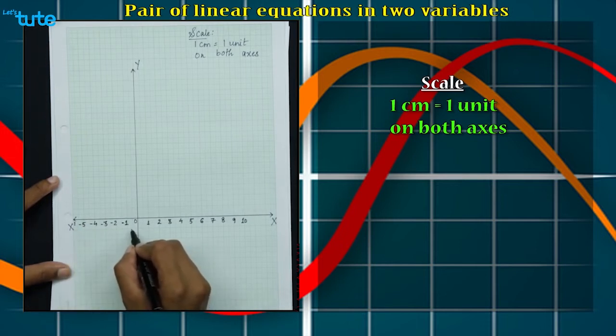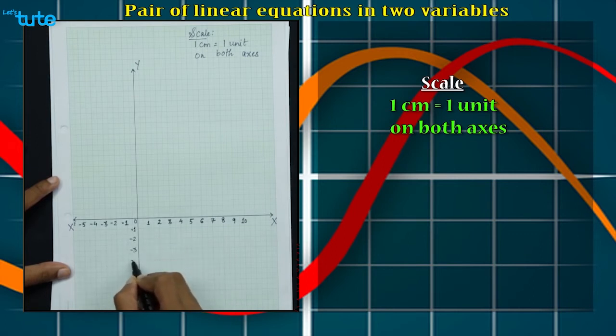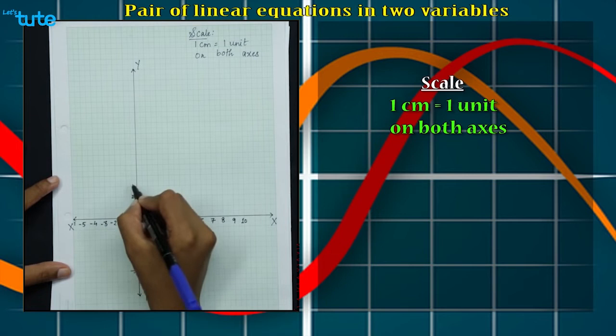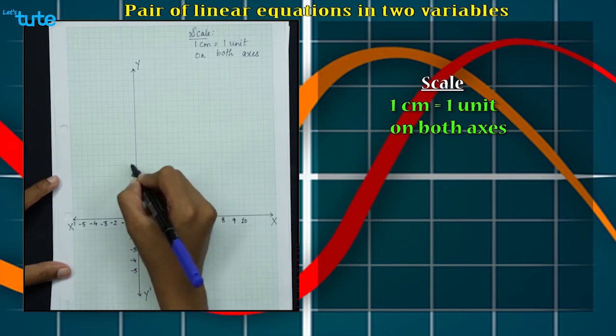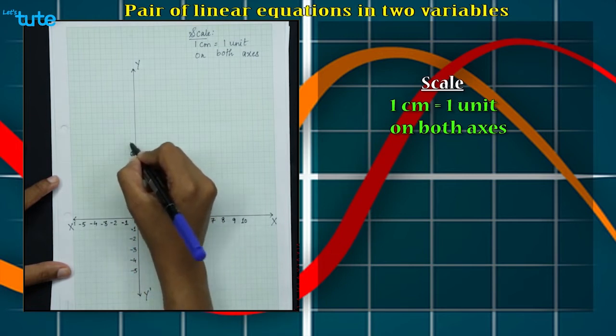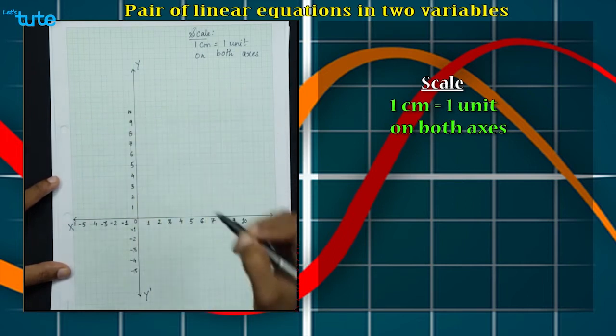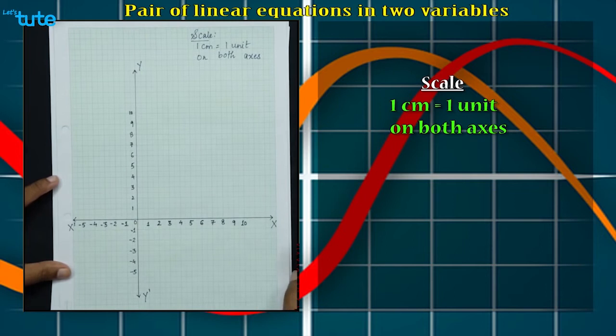I can have numbers like -1, -2, -3, -4, -5 on the negative y-axis, and 1, 2, 3, 4, 5, 6, 7, 8, 9, 10 and so on on the positive y-axis.